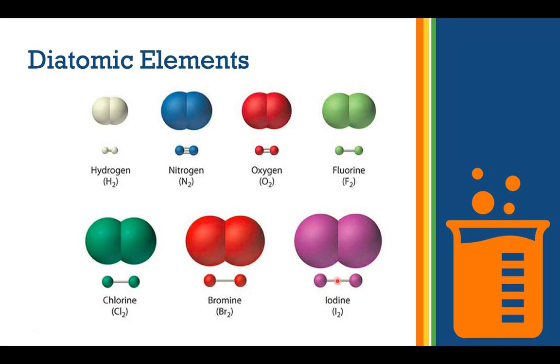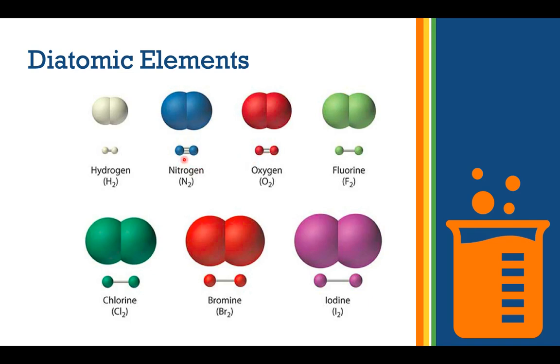If there is only one line between those 2 spheres, like in iodine, bromine, chlorine, fluorine, and hydrogen, that means that is a single bond. However, diatomic elements also have the potential for 2 bonds, called a double bond: 1, 2, double. Think of double scoop ice cream.